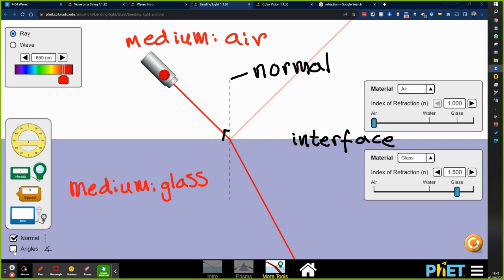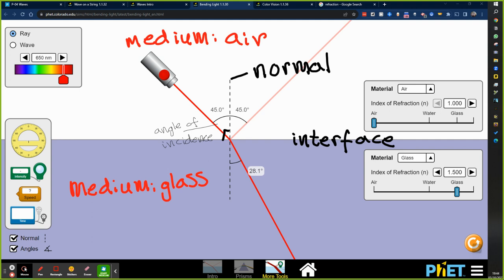Now, if we click on this thing down here, angles, it tells us that's 45 degrees and that's 45 degrees. This is actually teaching us another part of the waves topic. This angle here is known as the angle of incidence. We could also call it the incident angle.